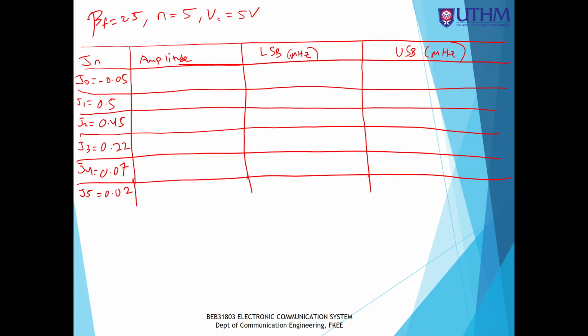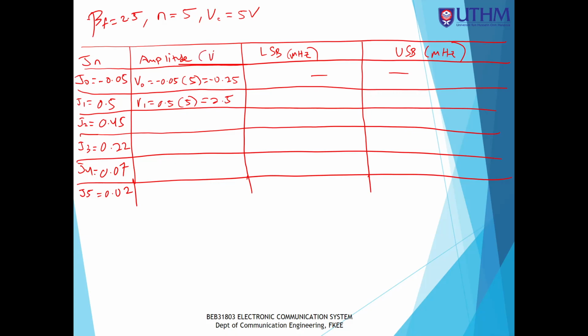So amplitude here: V0 is equal to negative 0.05 multiplied with 5, so you're going to get negative 0.25. And then V1 is equal to 0.5 multiplied with 5, so you get 2.5.